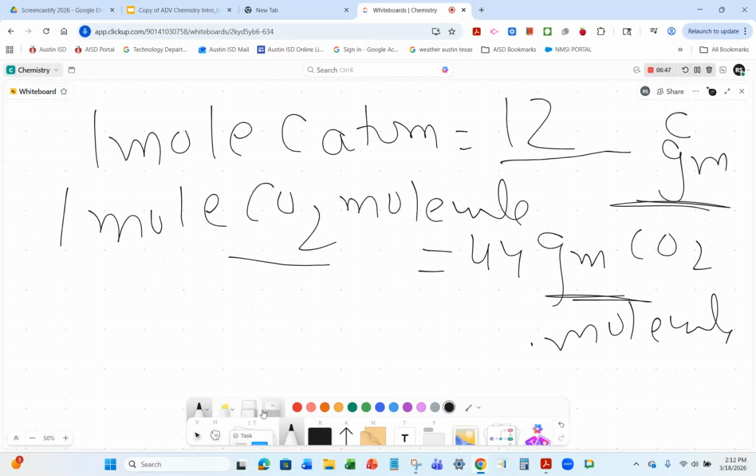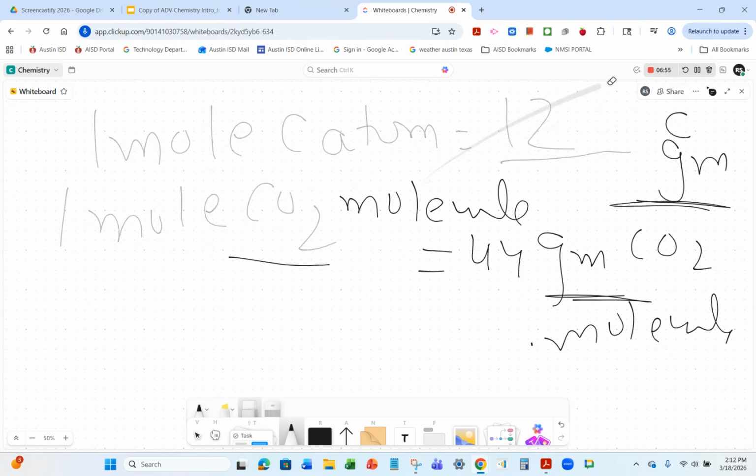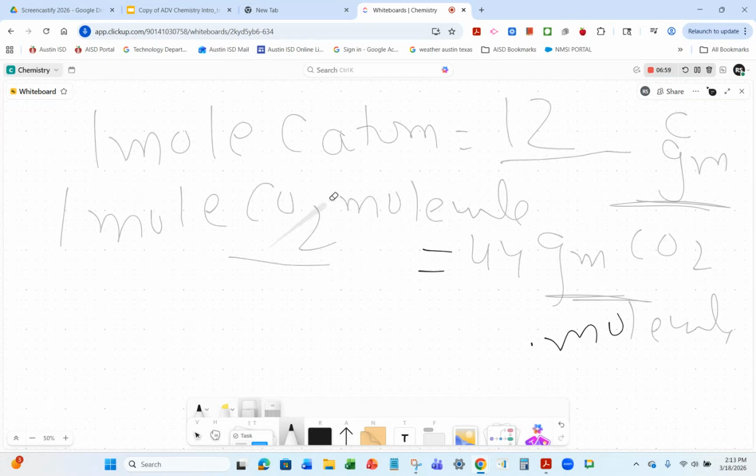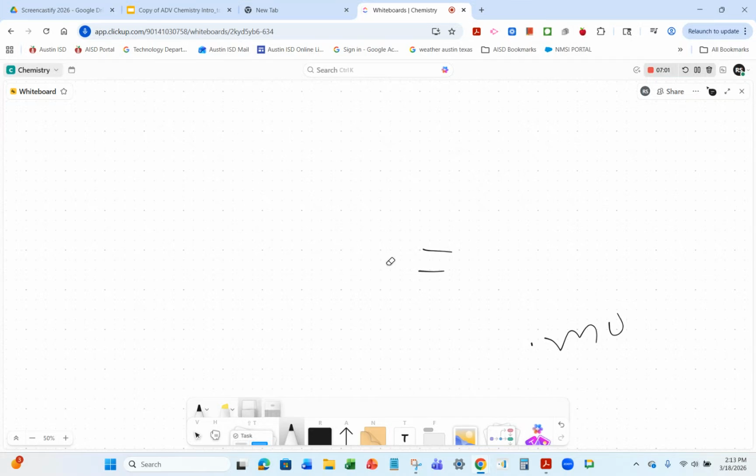Now, how to use this information? Can we connect number and mass together? Yes, we can. I will pick the same concept and use the carbon atom. What do we know for carbon atom in terms of 1 mole?